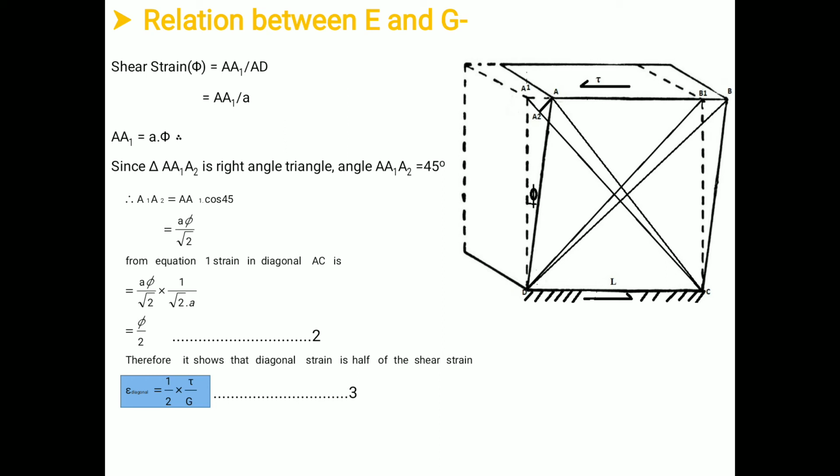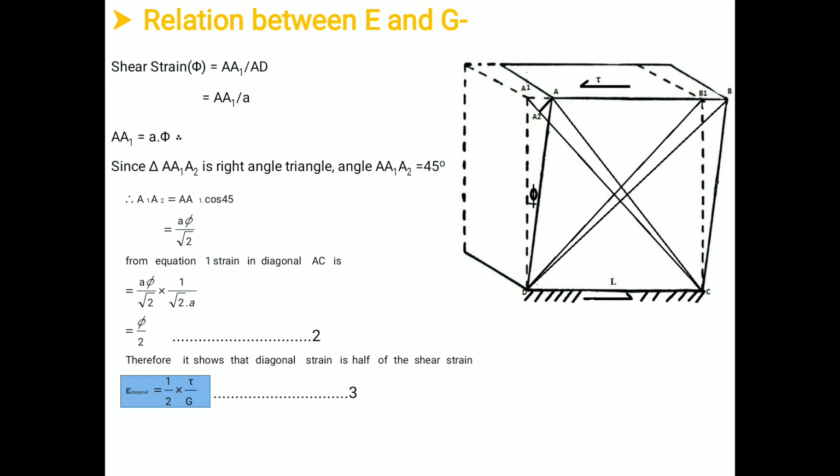After solving this mathematical equation, the a will get cancelled, and under root of 2 into under root of 2 will become 2 only. So the remaining term will be phi upon 2. This is equation number 2. This phi upon 2 is the value of strain in diagonal AC.